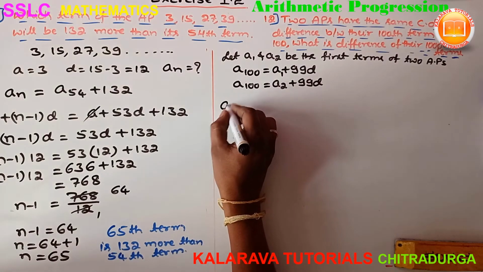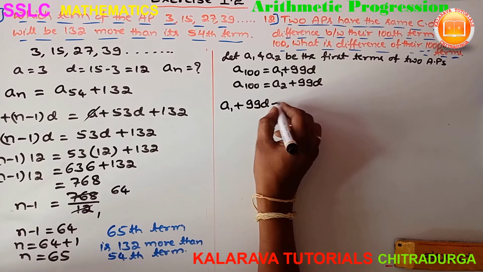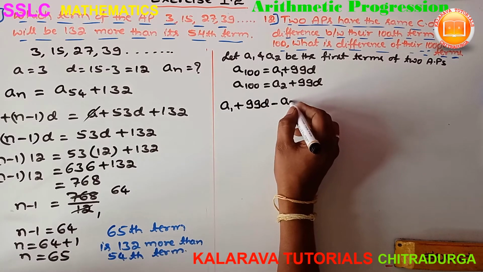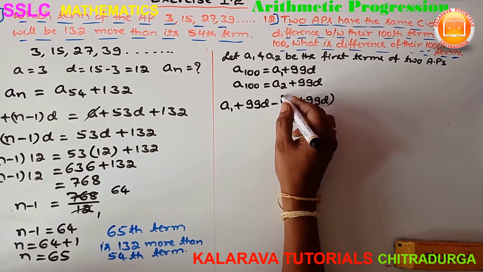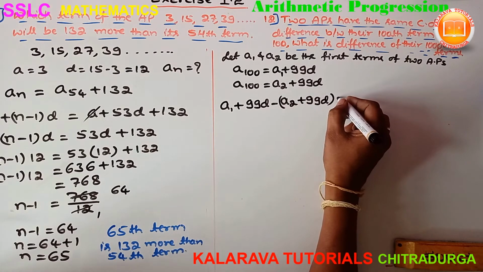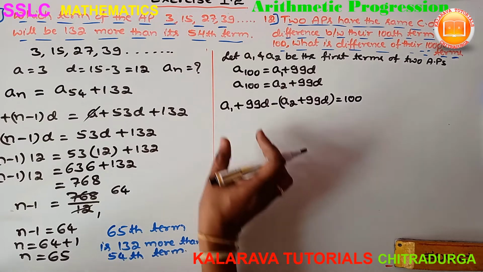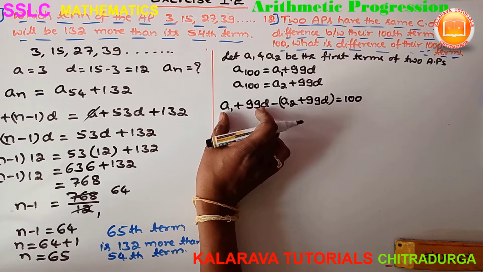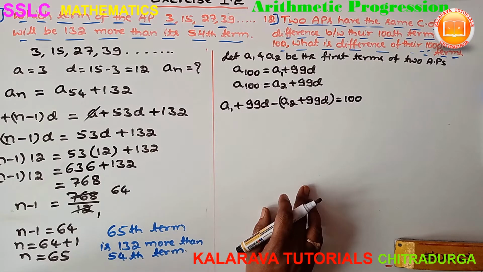So I write (A1 plus 99d) minus (A2 plus 99d). We have to put it in the bracket because it is a minus sign. That is equal to 100.